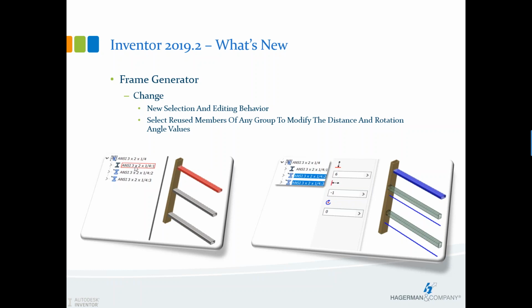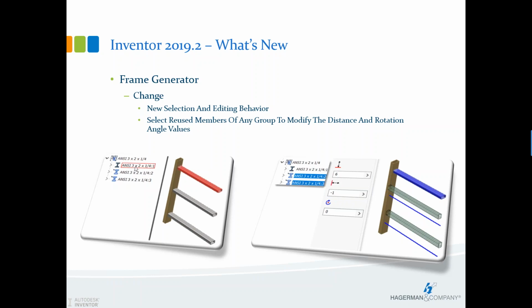You can't change the member itself because it's being reused off of a parent reference, but we can change the offset value or the orientation as well. So in this case, we've got these 3 that are being utilized here. We can come in and we can rotate 2 of them to be vertical. We can change the offset and hit OK, and then the one stays the same as it was unaffected. The other 2 are impacted, so those 2 update automatically.